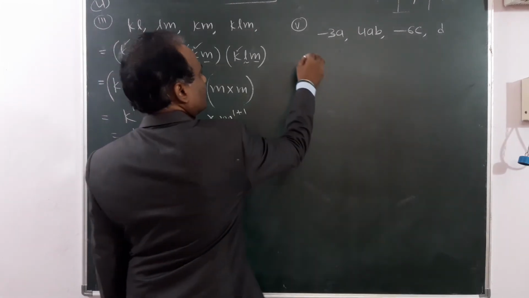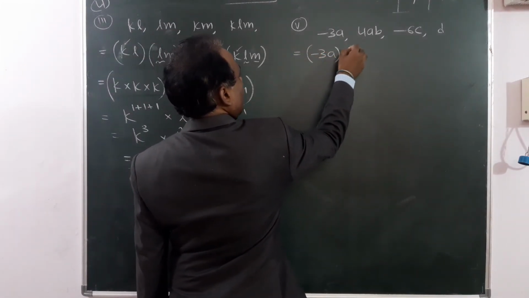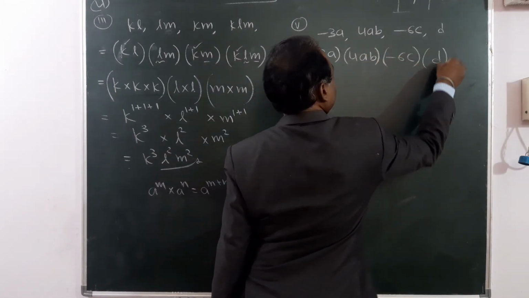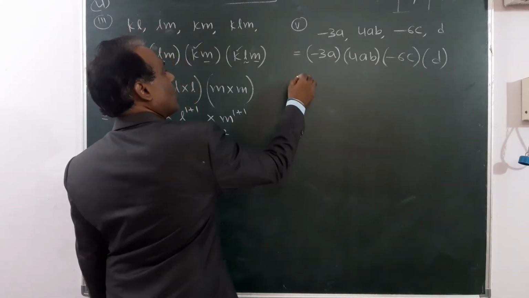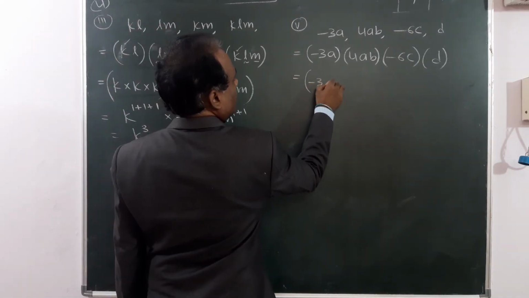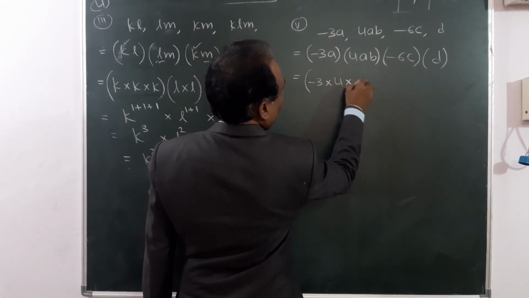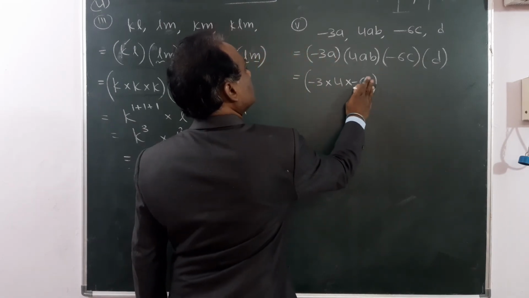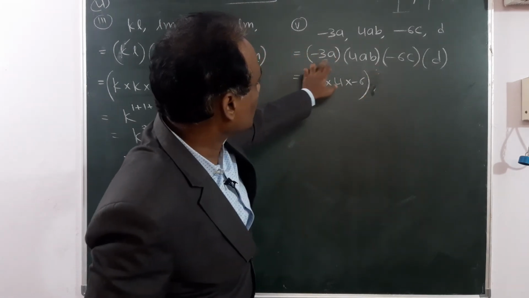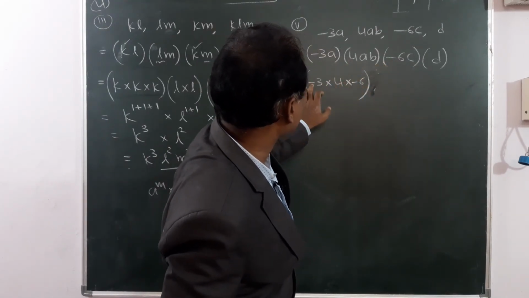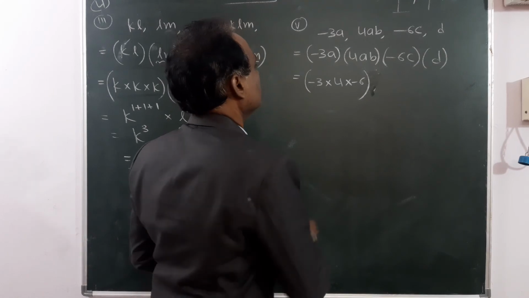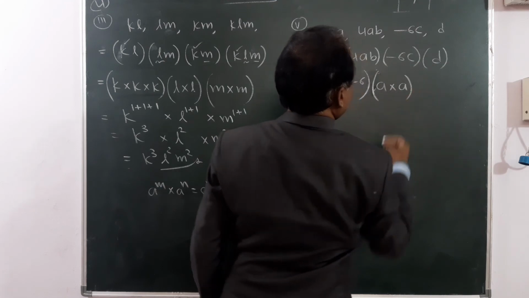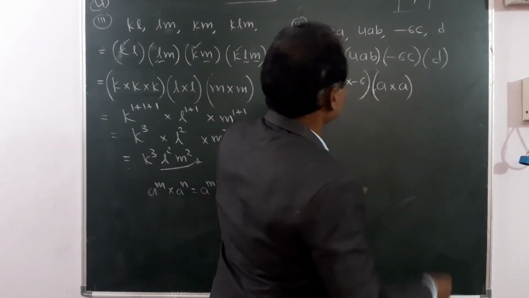Same model, this one: minus 3A, 4AB, minus 6C and D. First multiply all the constants: minus 3 into 4 into minus 6. All constants, the coefficients, in one bracket. A in one bracket.